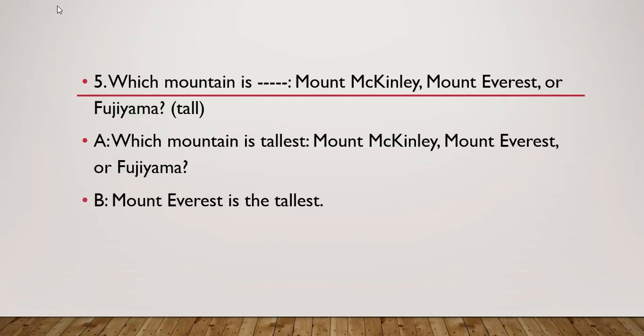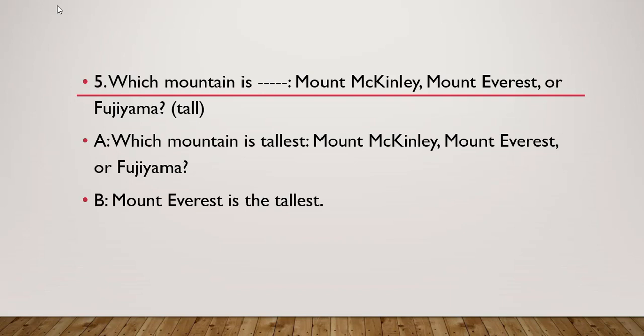Now number 5, which mountain is dash, Mount McKinley, Mount Everest or Fujiyama? We want to use the adjective tall. So the correct form of the question becomes, which mountain is tallest, Mount McKinley, Mount Everest or Fujiyama?